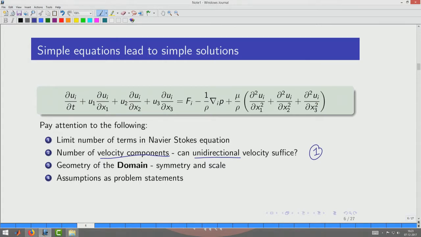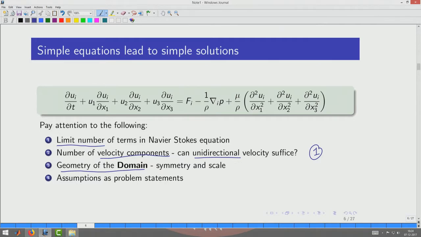And instead of having so many terms that are playing a role, we can inspect if some of these terms can be dropped. So, we are also going to consciously see how we can limit the number of terms in the Navier-Stokes equation. And then the domain. Often problems that are correctly solved in, let us say, a cylindrical coordinate system can be simplified to a rectangular coordinate system by inspecting the domain, the size and the curvature effects, etc. So, we are going to spend some time looking at the geometry of the domain and seeing how we can make it as simple as possible.